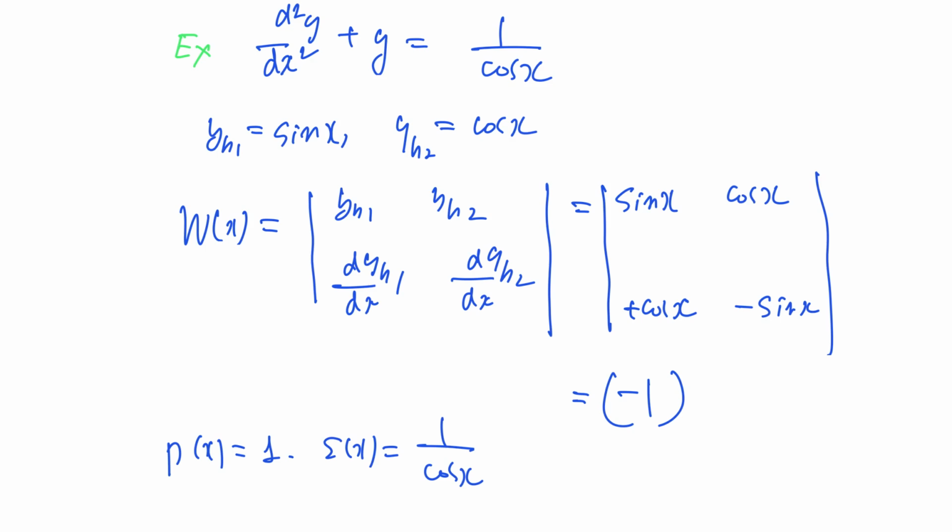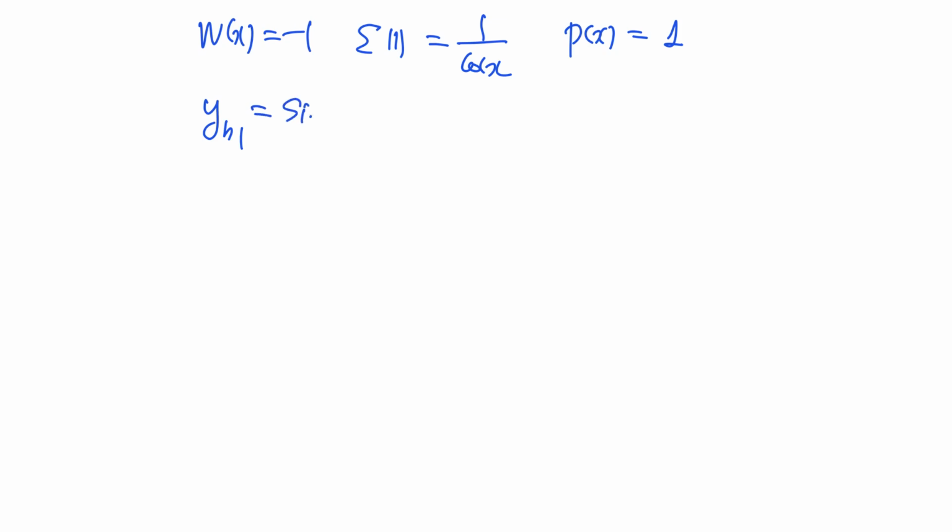So we have Wronskian minus 1, s of x 1 over cosine x, px is equal to 1. So yh1 was sine x, yh2 was cosine x, right?